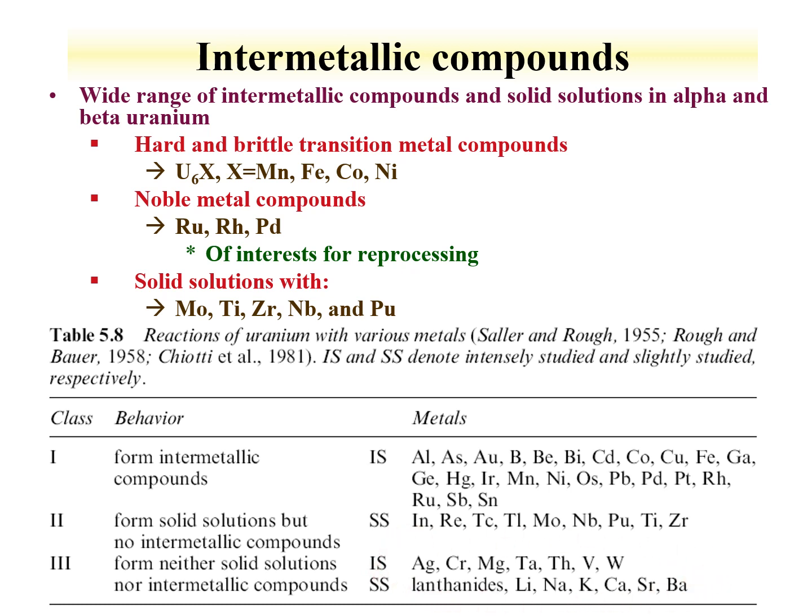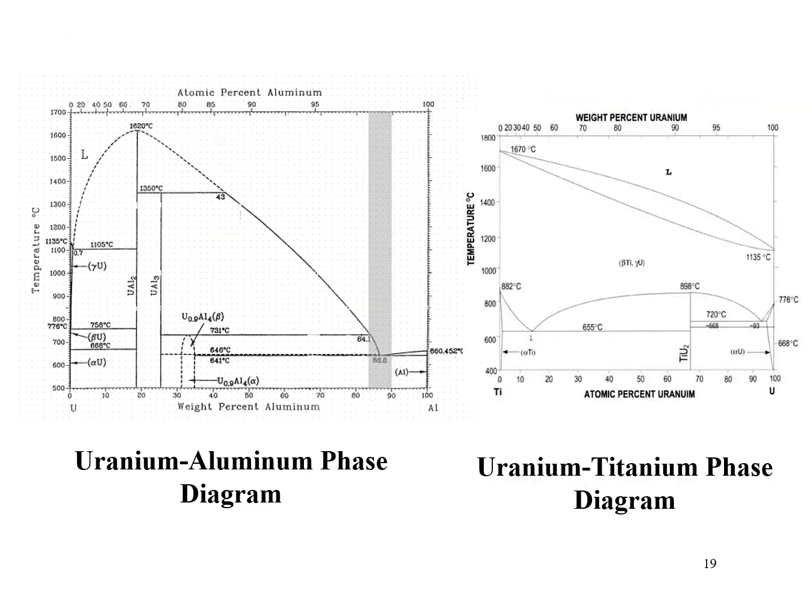So for instance, in metallic fuel, the lanthanides, shown here, as they're being produced, will phase separate and form different phases in uranium metal. Here is an example of two phase diagrams. We see the uranium and aluminum phase diagram.